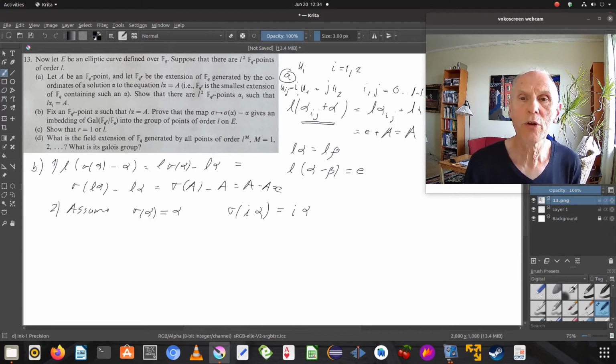Well, we already know that they come like this, so the others have the form, and now let's call it u_ij. And then we operate with sigma on that.